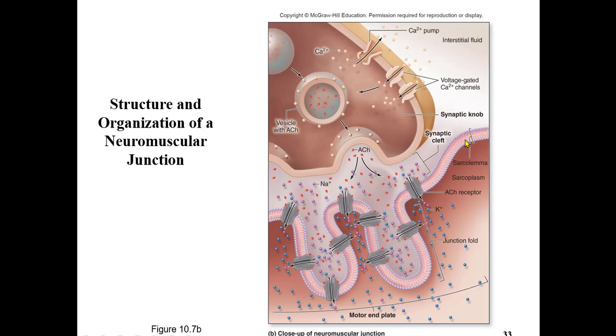There is my sarcolemma. Again, a sarcolemma is nothing more than a cell membrane. There's my motor end plate. This is my motor end plate containing the receptors, and these little grayish things are receptors.